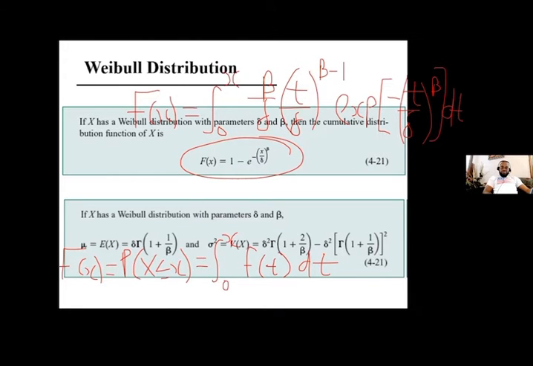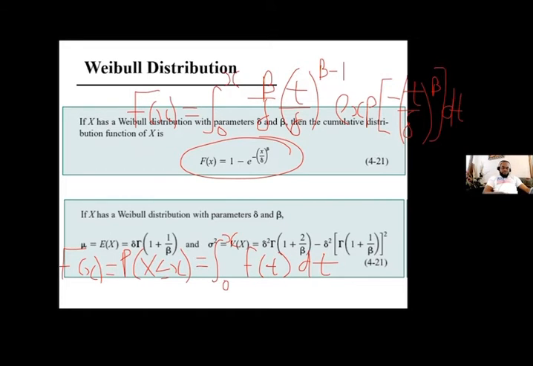And that's what we call the CDF of a Weibull distribution. Now, what do we use this CDF to do? We use the CDF of a Weibull distribution to determine the probability that a random variable is less than or equal to a realized value.